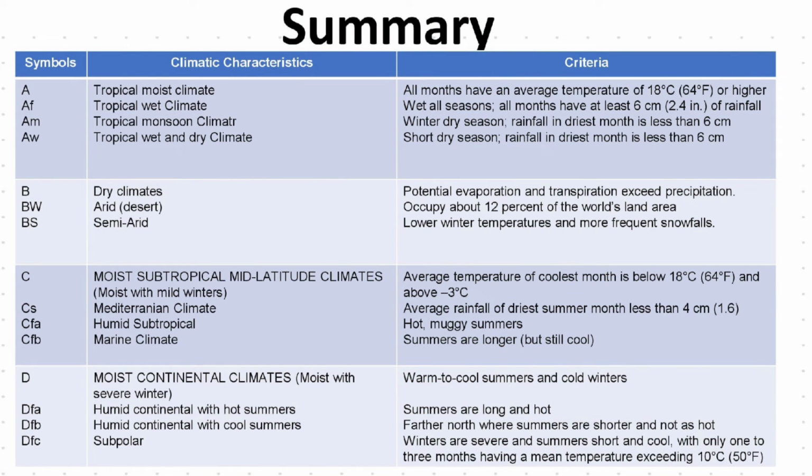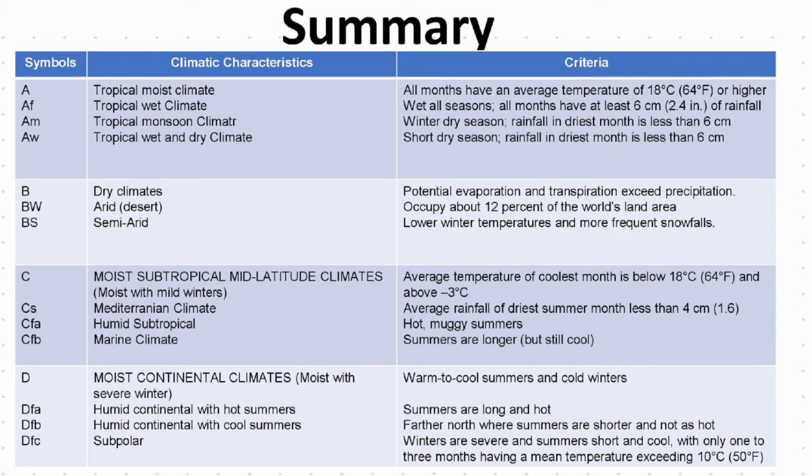Group A, which is the tropical moist climate: all months have an average temperature of 18 degrees Celsius or 64 degrees Fahrenheit or higher. Then under group A, we have AF, which is the tropical wet climate. Wet all seasons, all months have at least 6 centimeters or 2.4 inches of rainfall.